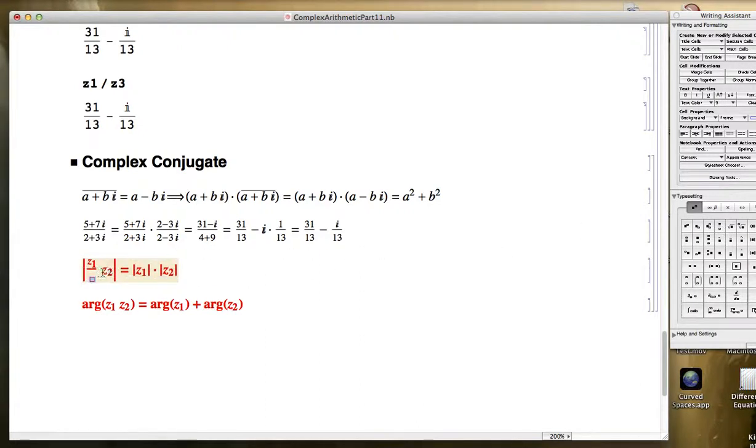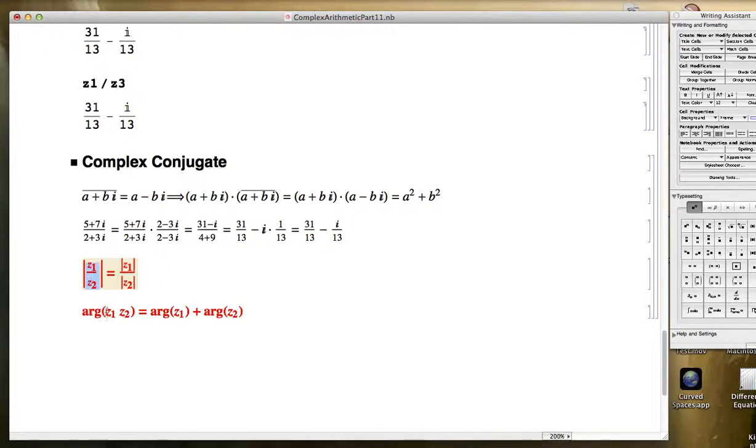What is the modulus of the quotient of two complex numbers, as long as you're not dividing by 0? It would be the quotient, the ratio, of the moduli of the individual complex numbers. Thinking of this in terms of z1 times 1 over z2, you would think of it as the modulus of z1 times 1 over the modulus of z2, but that does equal this fraction here.